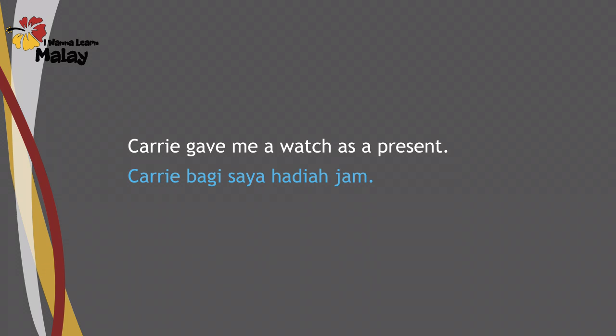So imagine the verb gift in English, which is a noun, but it could be turned into a verb. For example, Carrie gifted a watch to me. And how is this said in Malay? So the watch itself, is it a direct or an indirect object?